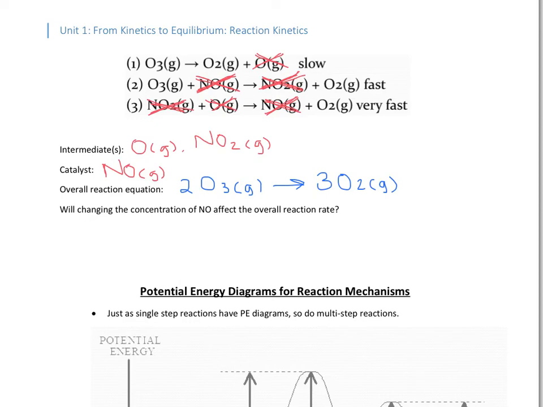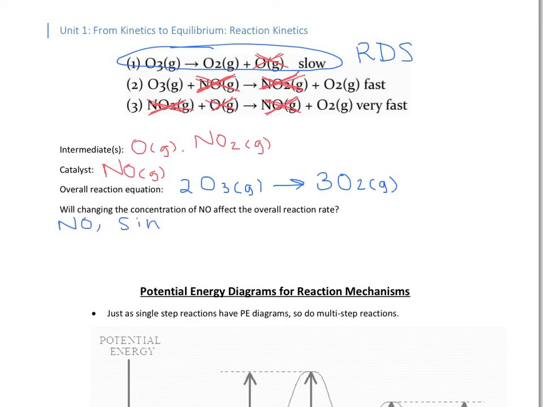However, we're working with a mechanism with multiple steps, so we must first check to see where nitrogen monoxide occurs to see if it's in the slowest step. Once you identify the slowest step, you will notice that nitrogen monoxide is not part of the rate determining step. If it's not part of the rate determining step, it will not affect the overall reaction rate.